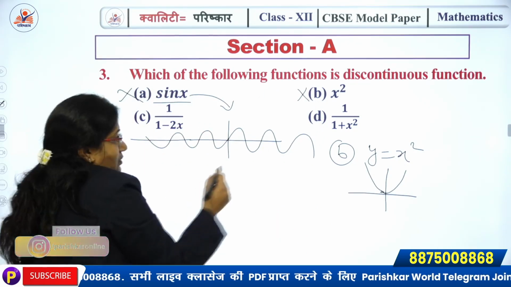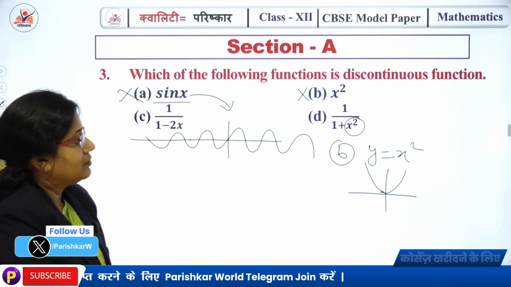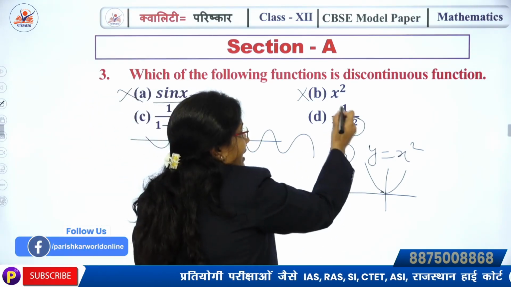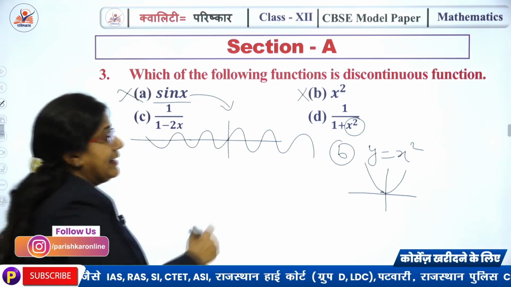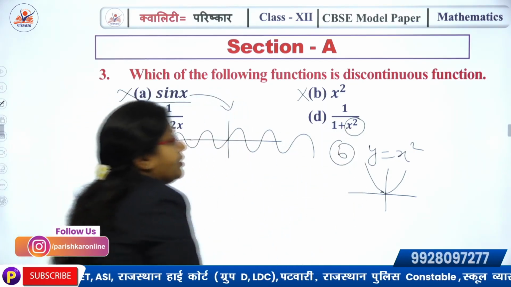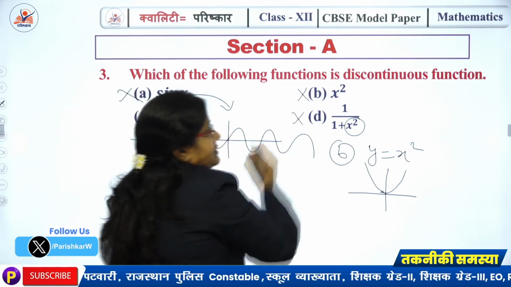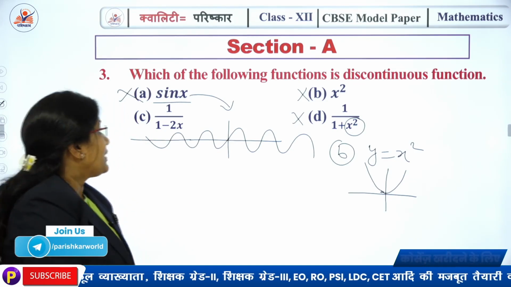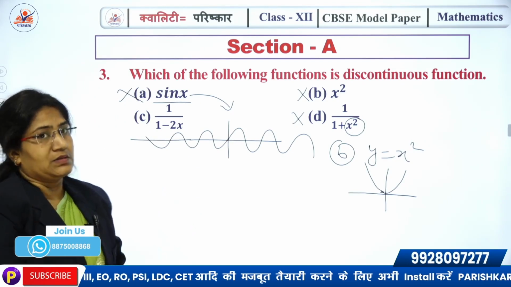Option D: whatever the value of x, we can see that 1 upon 1 plus x square never tends to infinity. That means option D cannot be true, because 1 upon 1 plus x square is a continuous function in the domain of real numbers. Now the remaining option is 1 upon 1 minus 2x.